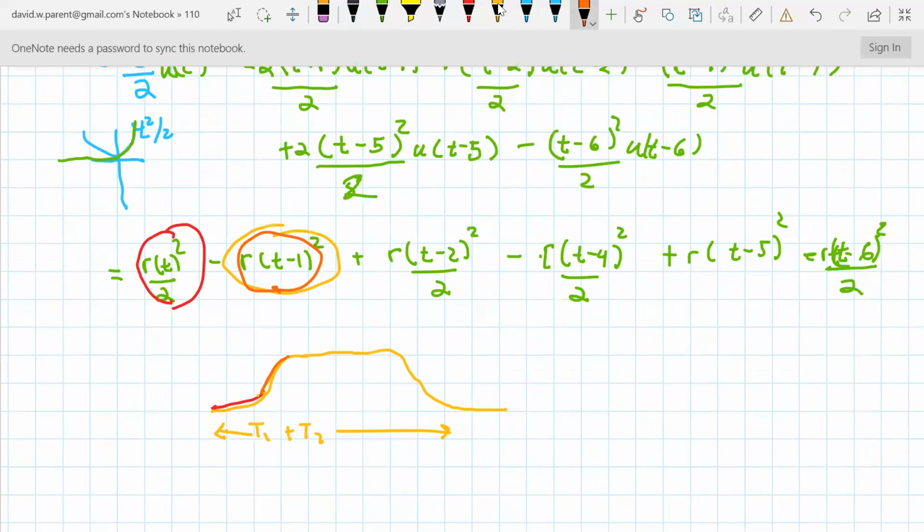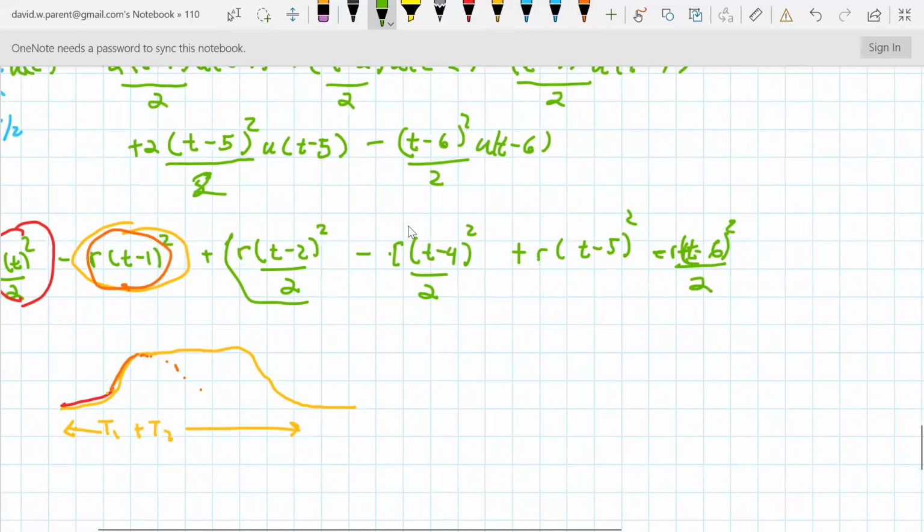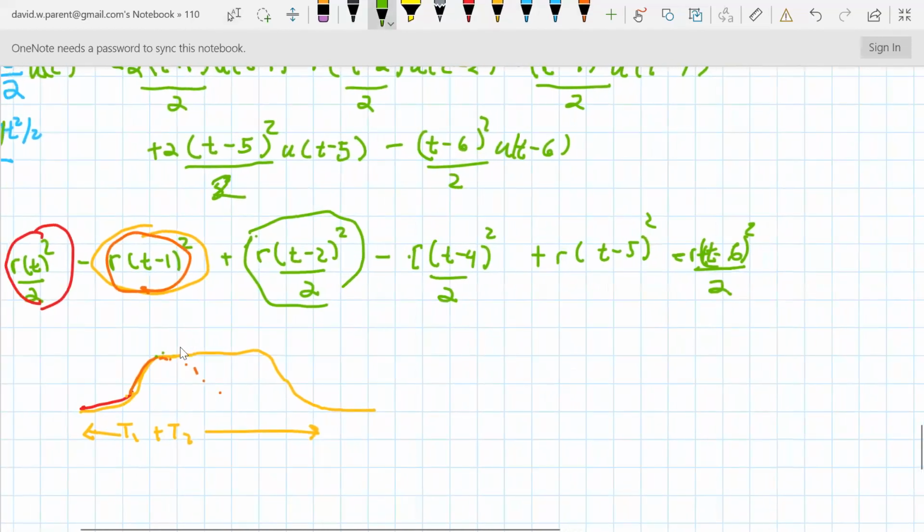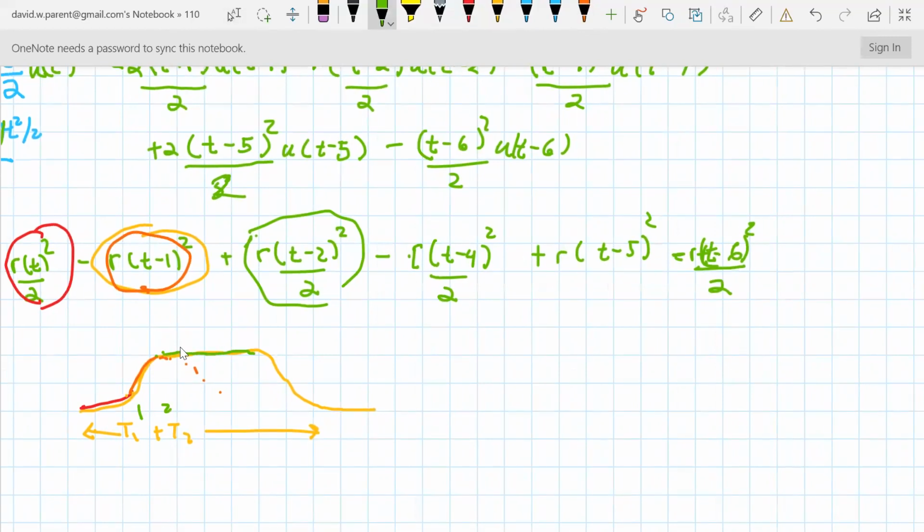But what'll happen is this will keep going that way. So you need something to counteract this from going too far. I'll just keep it green. So this was 1, this was 2. Now it's going here. And at 4, it's going to go down again.